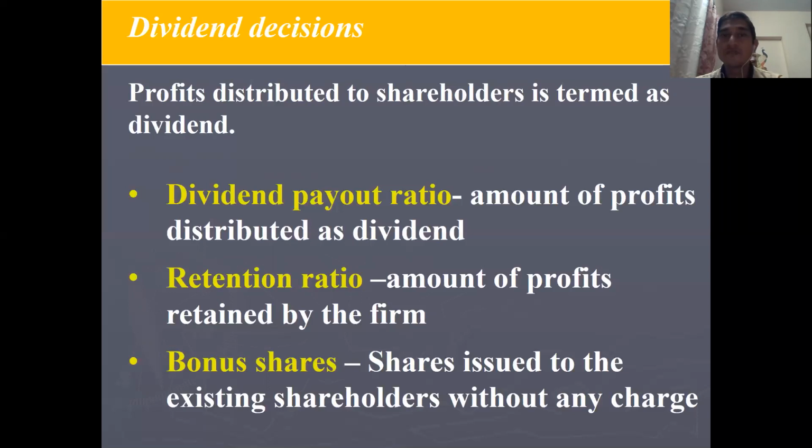One is called the dividend payout ratio, nothing but the amount of the profits which are distributed to the shareholders. And the retention ratio is nothing but the amount of profits which the company retains with themselves for future expansions or using it for their different purposes, which are again going to reflect the shareholders' maximization.